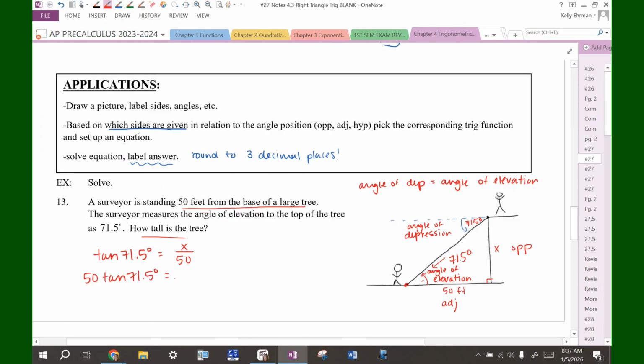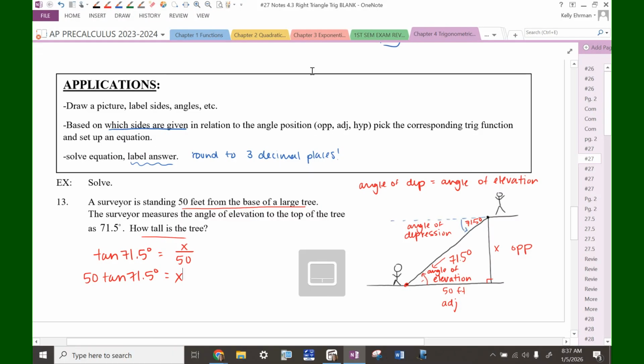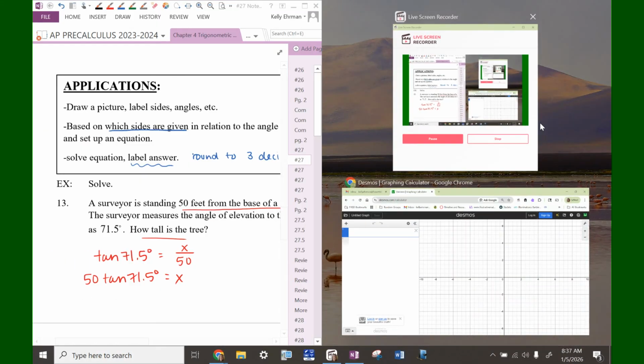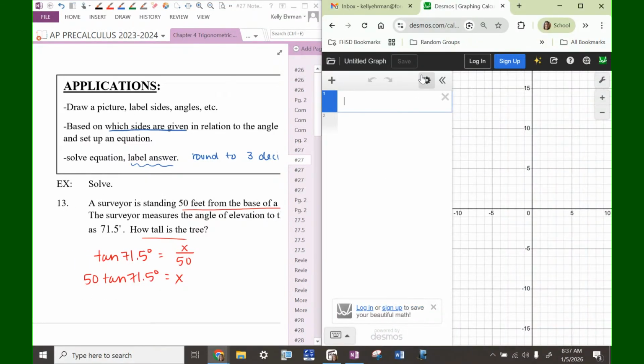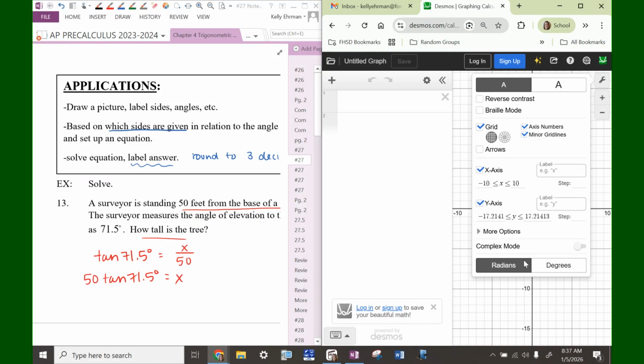And I need to check the mode of Desmos before I just go typing this in. On our AP test, Desmos will be in radian mode because we will only have radians. But when I just open it on the website, I can't remember what form it's in. And I feel like sometimes it changes in our test mode app. So click this little wrench and see what it's in.